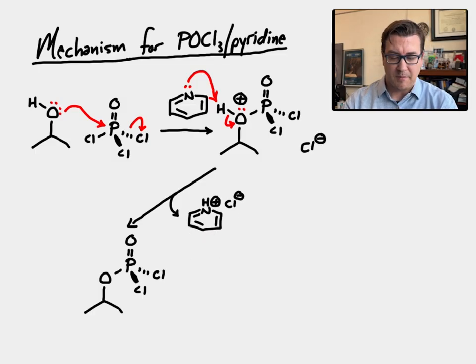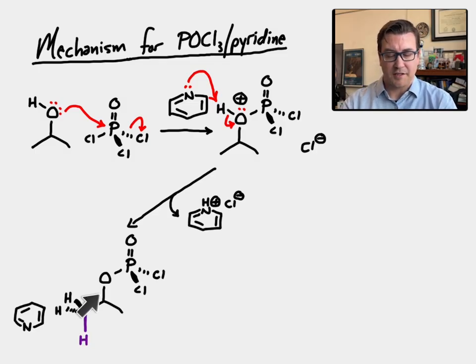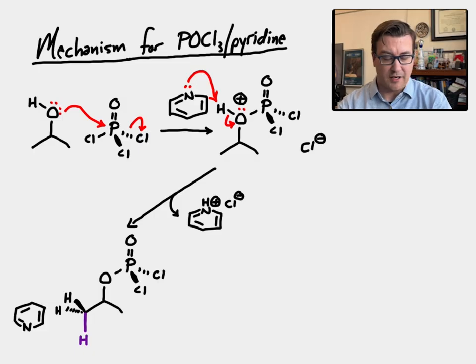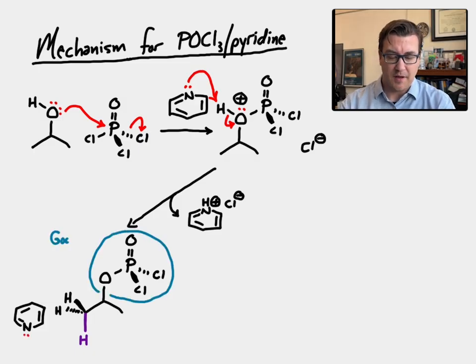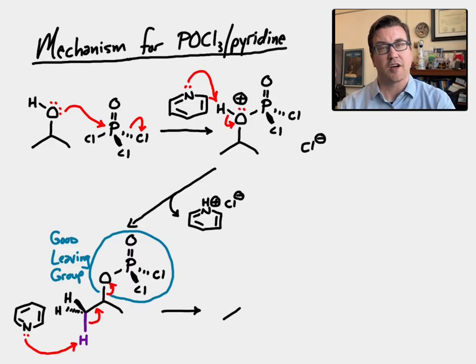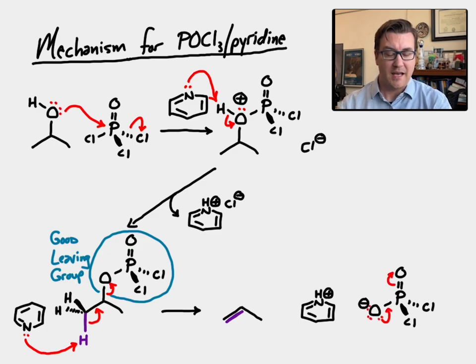This molecule is now set up such that this oxygen species is a good leaving group. If the base is now going to deprotonate on the carbon alpha to the leaving group, that's going to undergo an elimination reaction. In this case, this particular elimination reaction is an E2 elimination reaction.